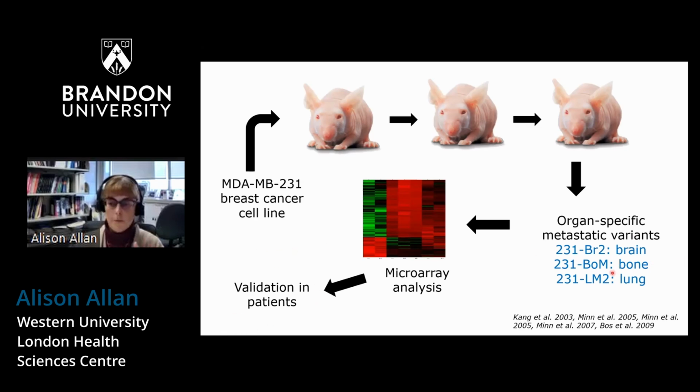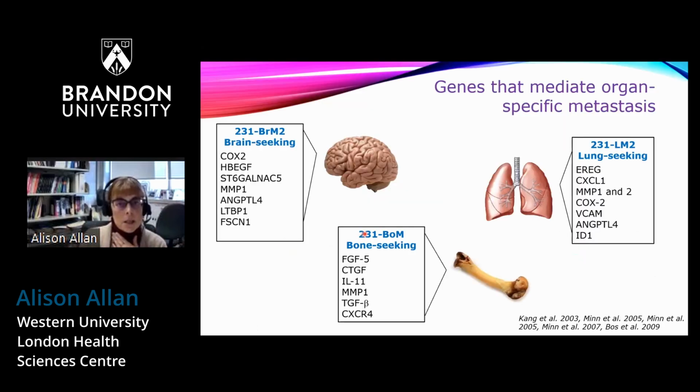So for the lung, for example, the lung metastasizing signature, they looked at a cohort of lung patients and their primary tumors, and they saw that they could get a match in the signature, which would predict whether a patient is going to metastasize. We're not going to go into the details here, but here's a list of just some of the genes in each of the signatures, and you'll probably notice there's some overlap in some of them.